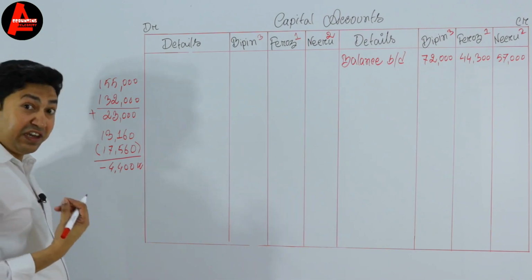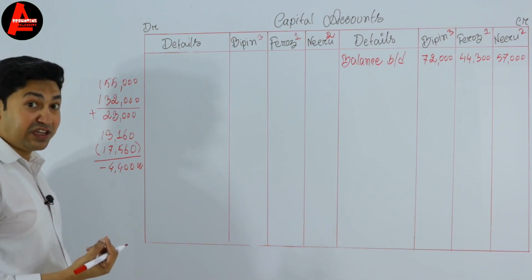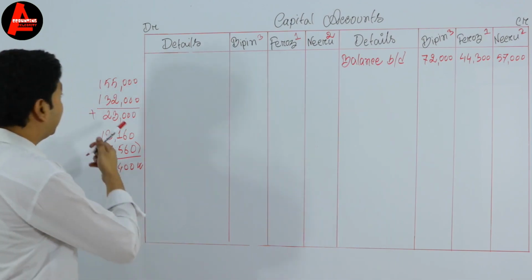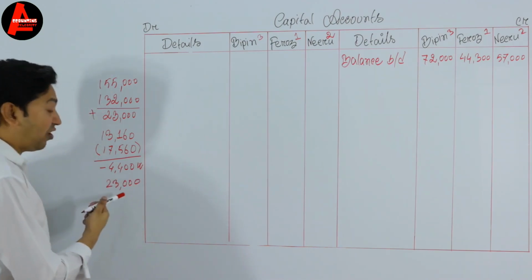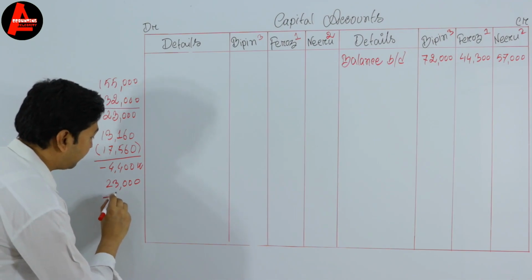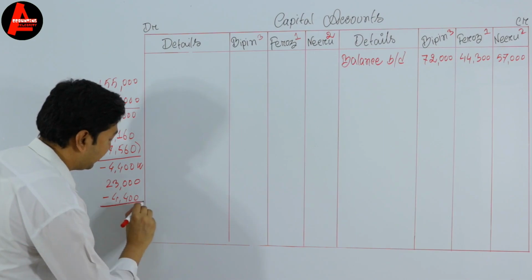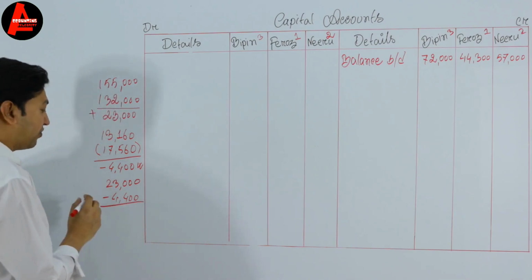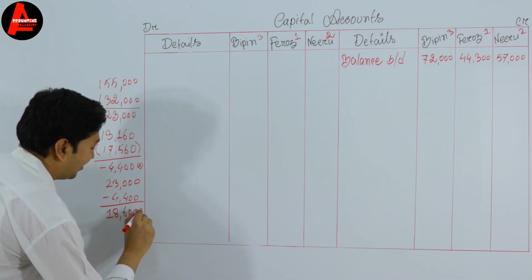Now, how much net amount of assets increased or decreased? For non-current assets, value is increased by $23,000. For inventory, value is decreased by $4,400. If we subtract this amount, we get $18,600.